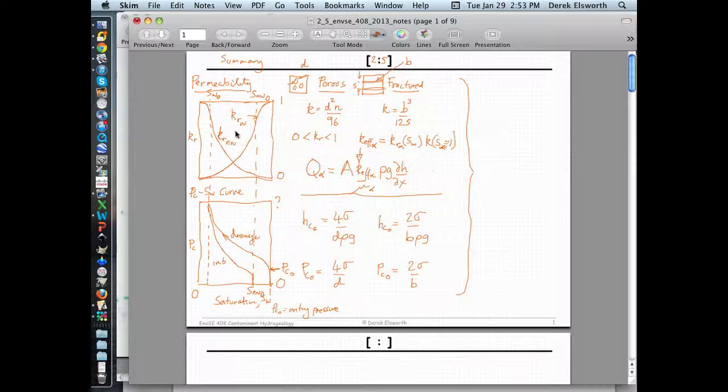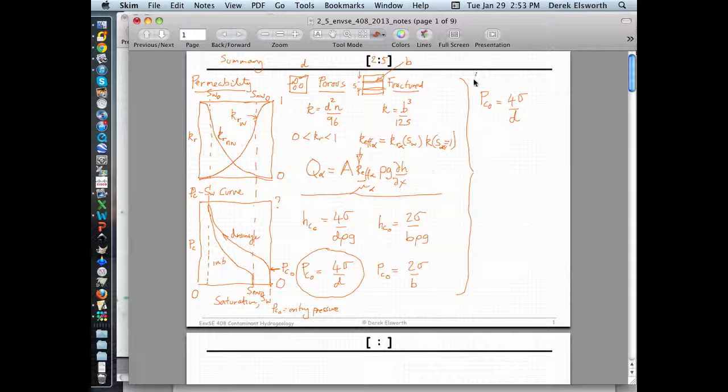But the other thing which links these two together, which I think is fascinating, perhaps it's just me that thinks it's fascinating, is if you take this expression, and you can do it for fractured rock as well as just for porous medium, if you take the capillary pressure as the entry pressure, which is 4 times the interfacial tension divided by the diameter.